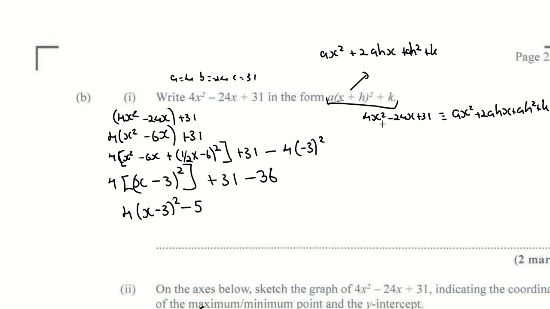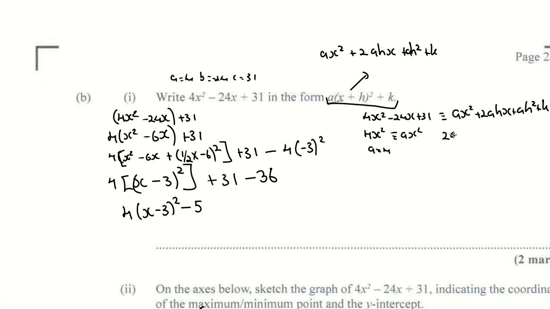Right? So if you look at the coefficients of x squared, you will see that they're both a, equals 4. So I'm equating 4x squared with ax squared. The coefficient of x squared is a and the coefficient of x squared is 4. So a is equal to 4. Then if I look at the coefficients for x, that's 2ahx.